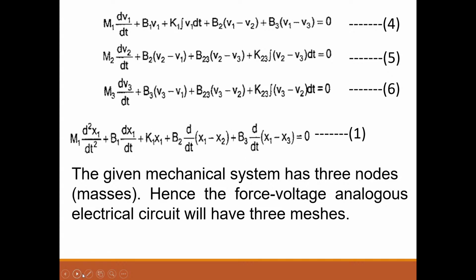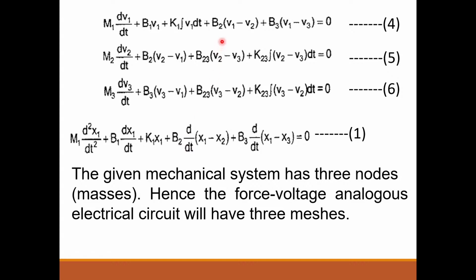So equation 1 is modified to equation 4. You just see, m1, write m1 as it is; d square x1 by dt square is dv1 by dt. b1, write b1 as it is; dx1 by dt is v1. Plus k1 x1; instead of x1 we can write integral of v1 dt.